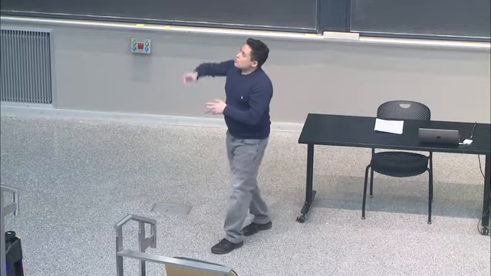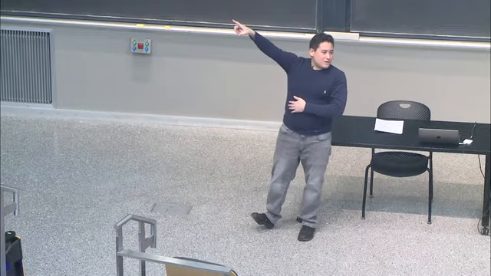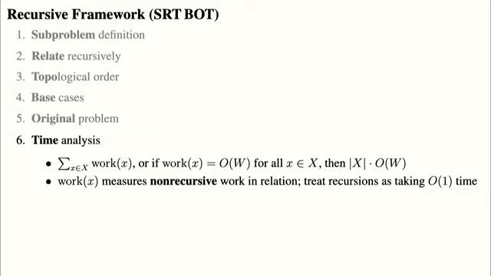And then the work done by each subproblem is usually the size of the thing I'm maximizing over or minimizing over or summing in my relation, right? It's going to be the size of the branching that I have, the number of subproblems I depend on. And so for the number of subproblems, you probably look at your subproblem statement definition. To find the work done by each subproblem, you look at your recursive relation.